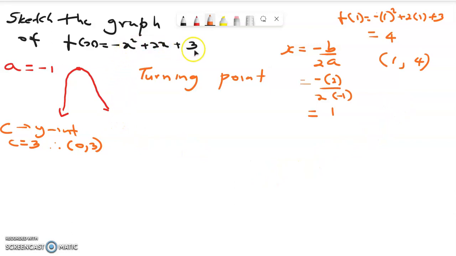And remember here c tells us about the y intercept, right?